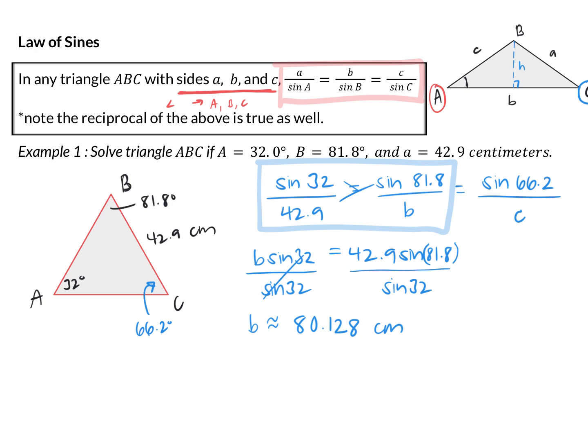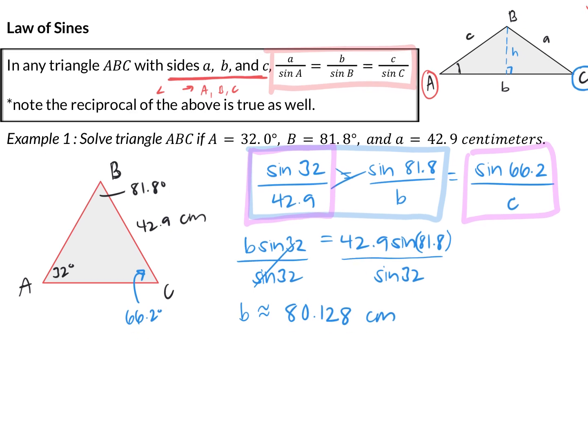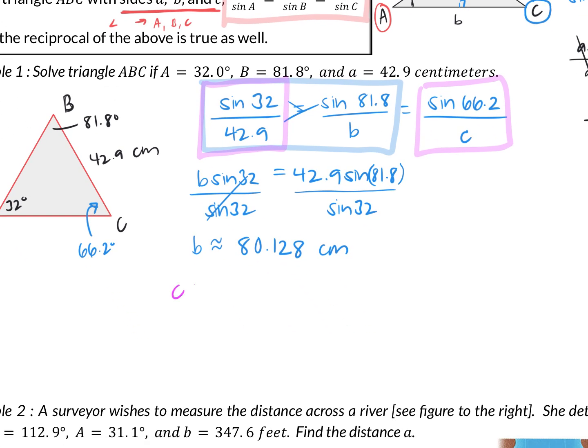And now if I want to solve for C, I'm going to take the first fraction and set that equal to my last fraction there, and just cross multiply and solve for C. So I would have C times sine of 32 is equal to 42.9 times sine of 66.2.